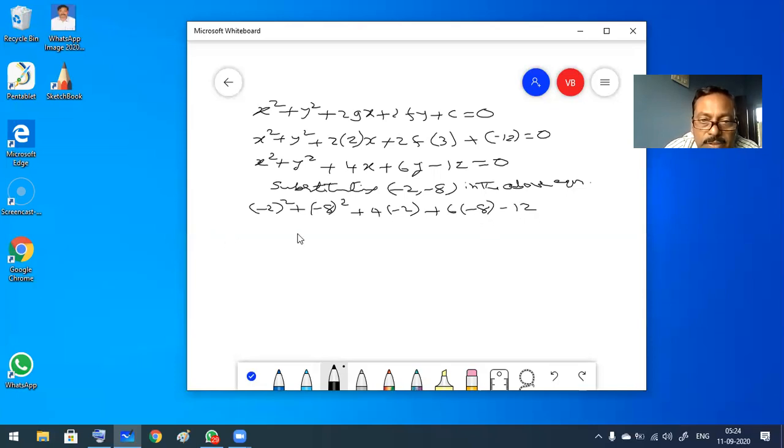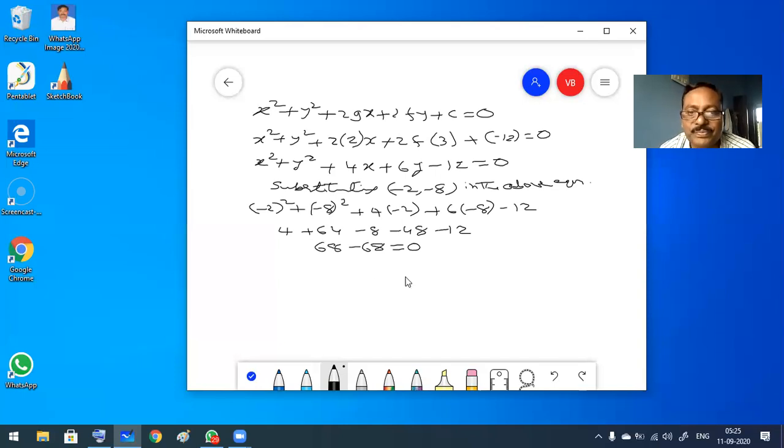So this is 4 plus 64 minus 8 minus 48 minus 12. 64 plus 4 is 68. 48 plus 12 is 60, plus 8 is 68, so minus 68. 68 minus 68 is 0.